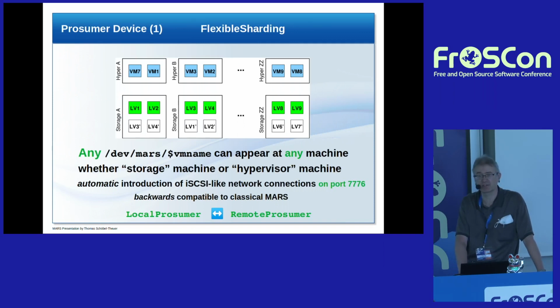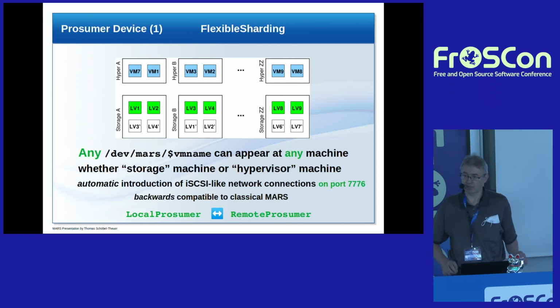So what's the basic idea? Typical hardware setups are that you have storages and hypervisors in different machines. This is the classical setup, while here we have both in one box. In reality, we also have a storage, but it's on a separate plug-in.